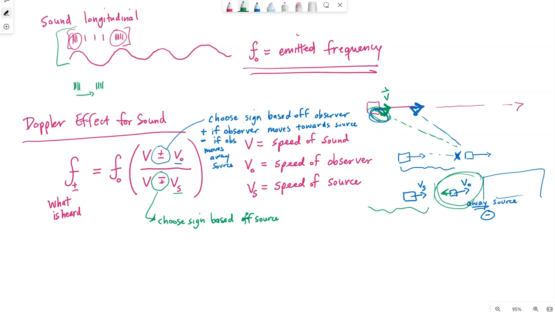Now, the reason the plus minus is drawn in the opposite order is so that this sign that is top. So out of these two signs right here, the top of them is negative. We choose this if the source moves towards the observer.